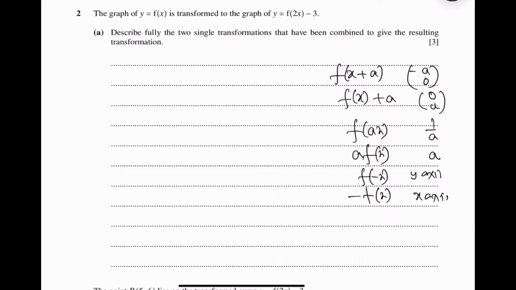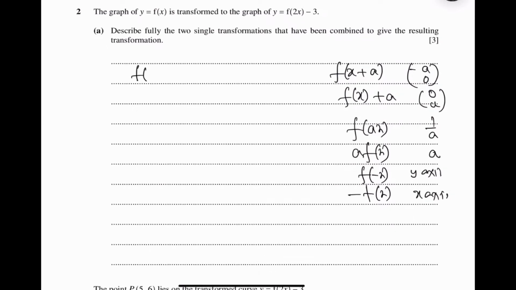So f(x) is transformed to f(2x) minus 3, that is y equals f(x) and y equals f(2x) minus 3.